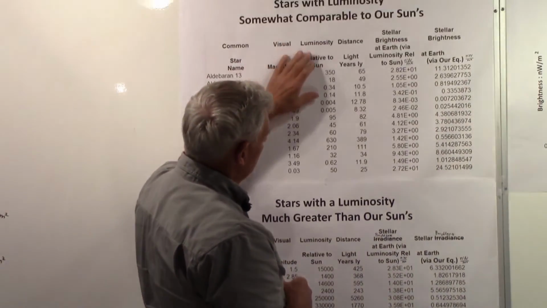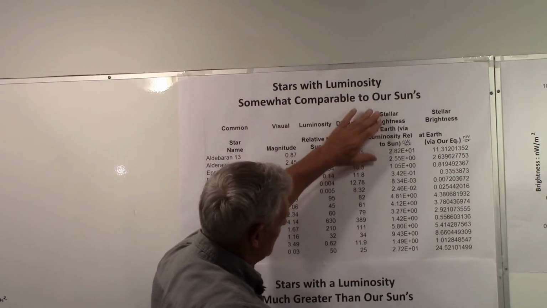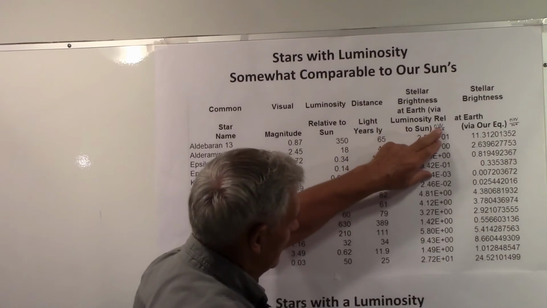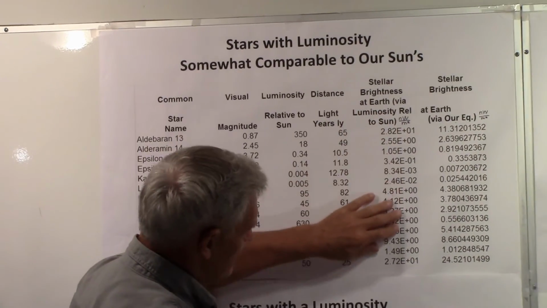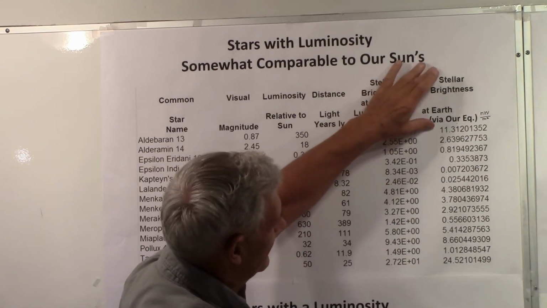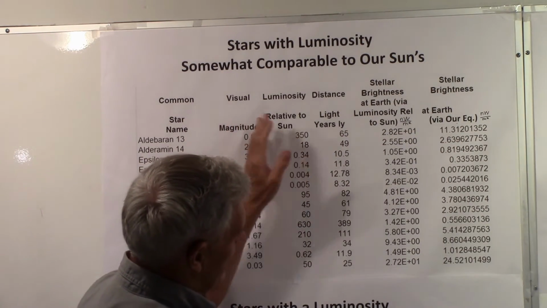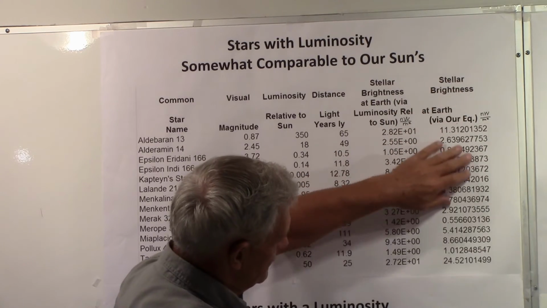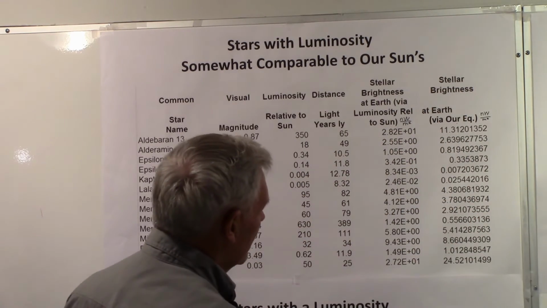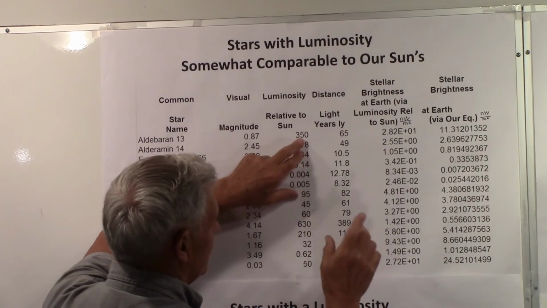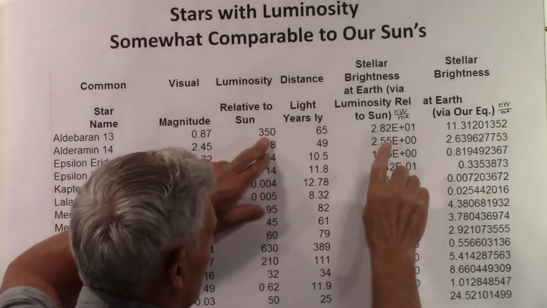And so using the R-squared loss, I figured out what the stellar brightness at the Earth would be in nanowatts per meter squared, and that's this column. And now I figured out what it was based on the magnitude listed in the catalogs. And so this is using our equation. And so here's an example with luminosity 350 times our sun.